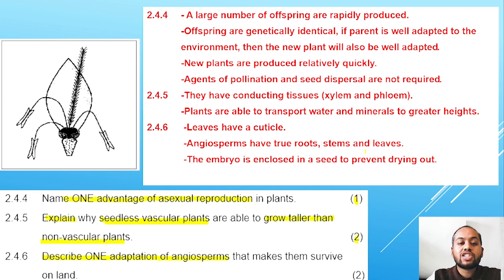So after reproduction has occurred, the embryo gets enclosed in a seed. It also has conducting tissues such as the xylem and phloem, very similar to what the pteridophyte had. So any two of these points to describe one adaptation, you just have to describe one of the adaptations and you would have gotten 2 marks for 2.4.6.